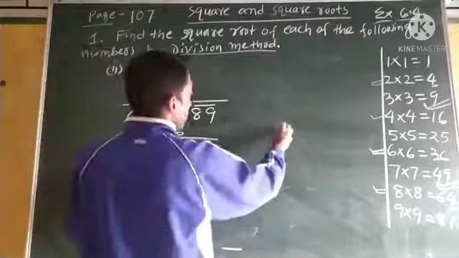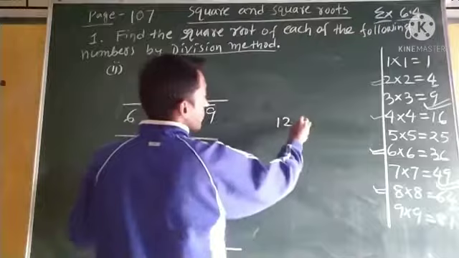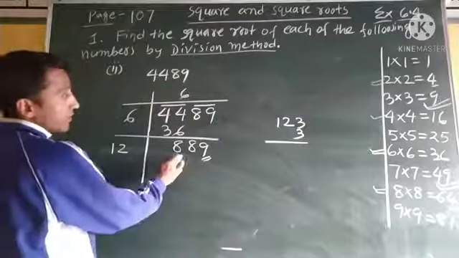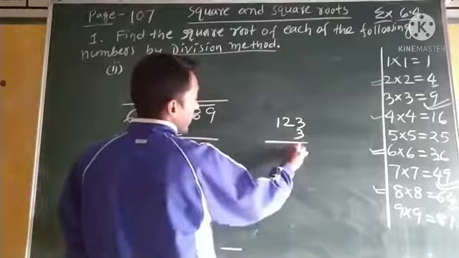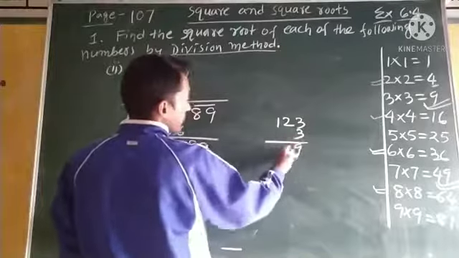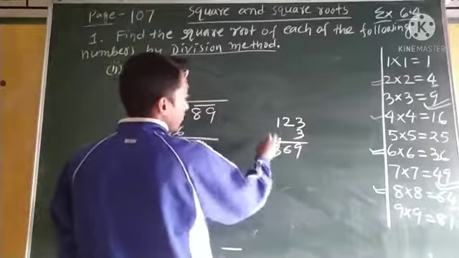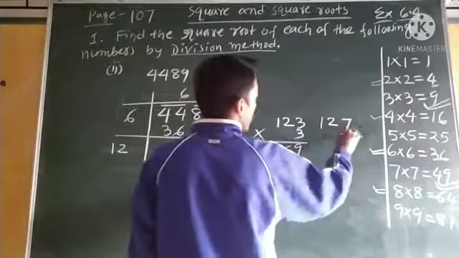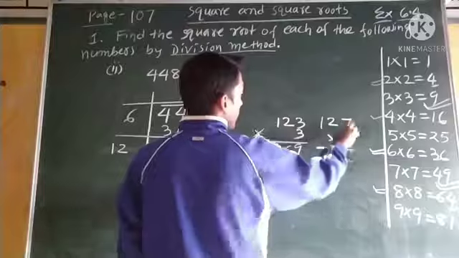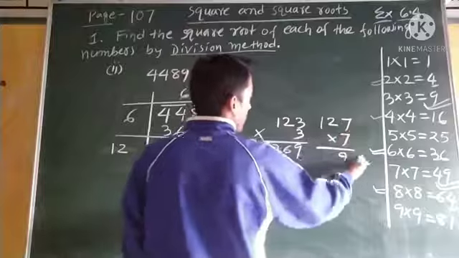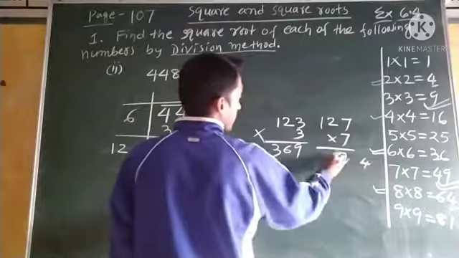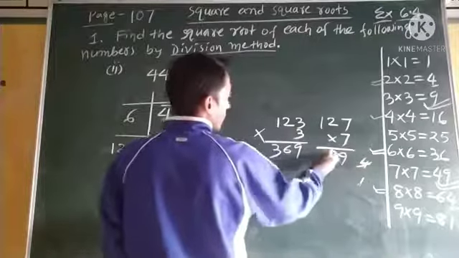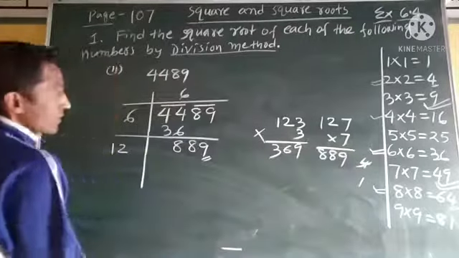Here we have 12, so let's check whether 3 works. 3 times 9 is 27, 3 times 2 is 6, 3 times 1 is 3. That's not working, so next you try 7. 7 times 7 is 49, carry 4. 7 times 2 is 14 plus 4 is 18, carry 1. 7 times 1 is 7 plus 1 is 8.